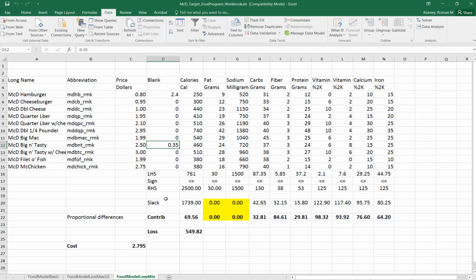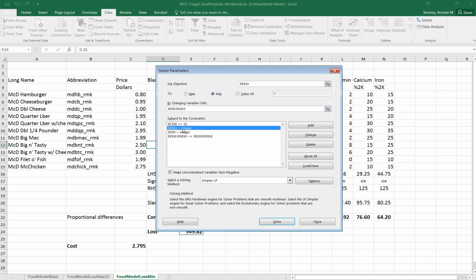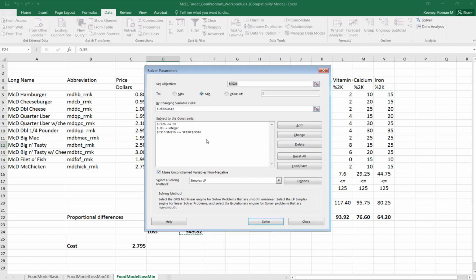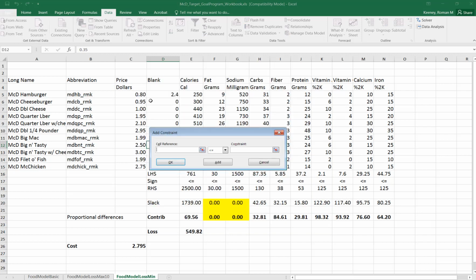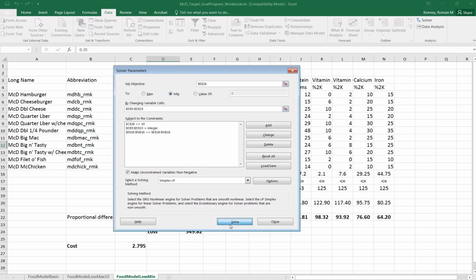So let's decline to save that solution, go to Solver, delete both of the integer constraints, and add one that takes up the entire column. Everything in that column needs to be an integer, and we click solve.